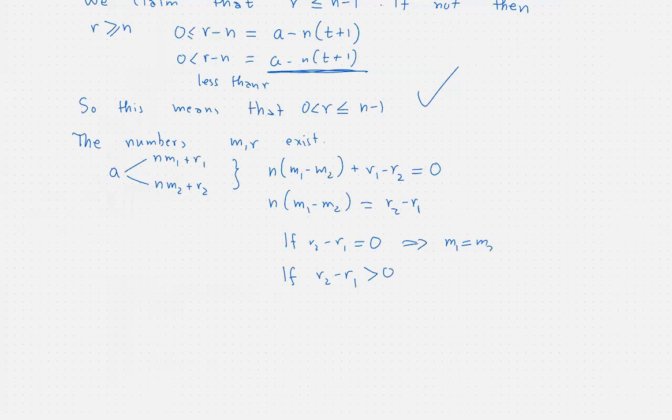So you can subtract those numbers in the opposite way and just make sure that it's greater than 0. Or if you like, you can multiply both sides by -1, anything that you like. But if R2 minus R1 is greater than 0, then certainly R2 minus R1 is less than N, right?